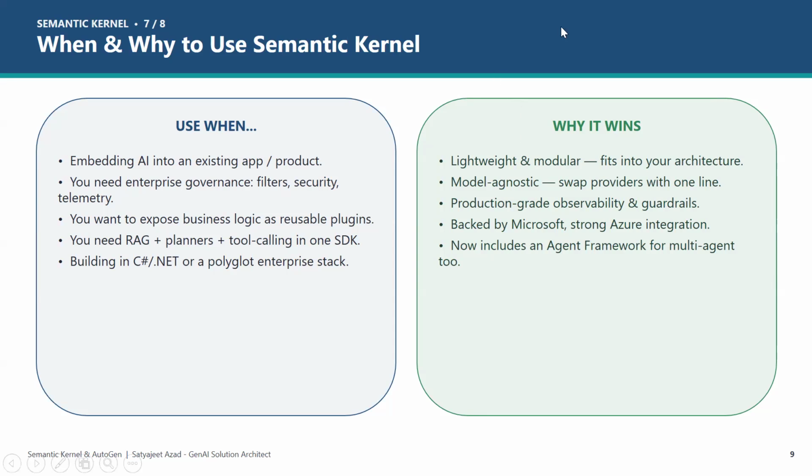And if you need a governance framework, at enterprise level governance is more important, because if there are more secure applications that you want to work on, you need to use this Semantic Kernel.